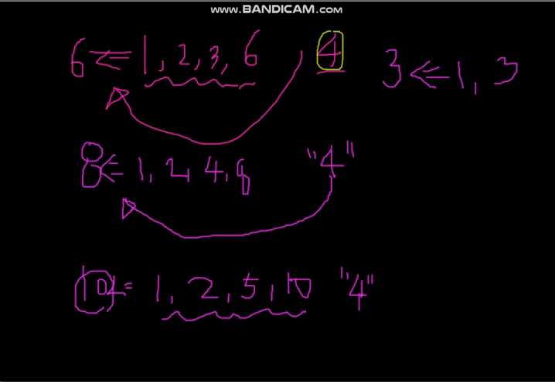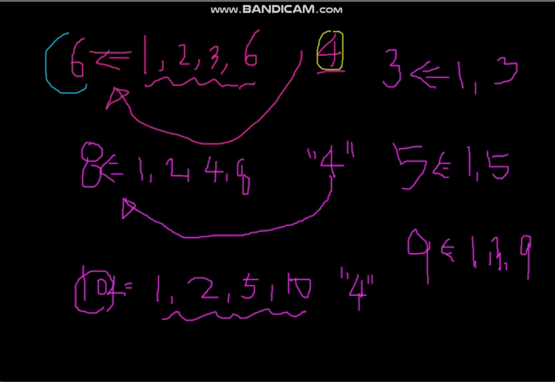What about number 5? Then we have 1 and 5 for factors of 5. What about number 9? 9 we have 3 factors: 1, 3, 9. As the number gets larger, there will be more factors.